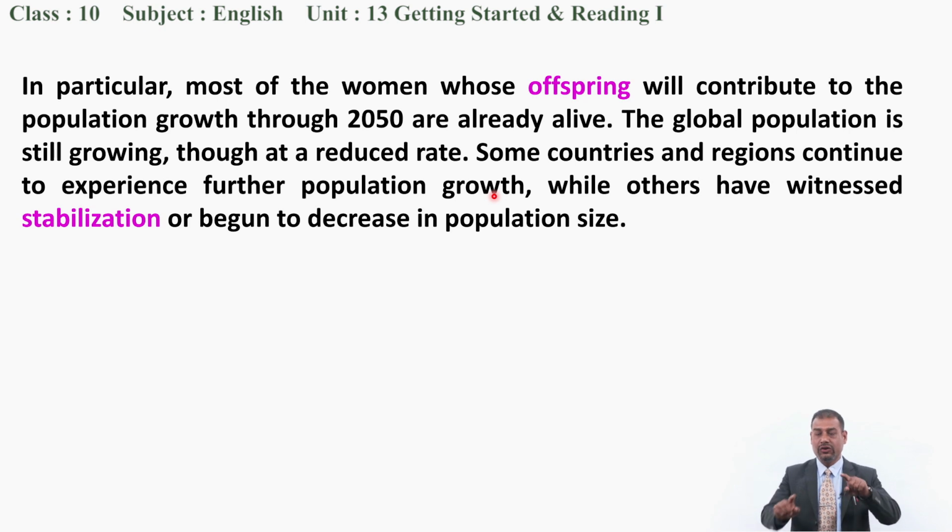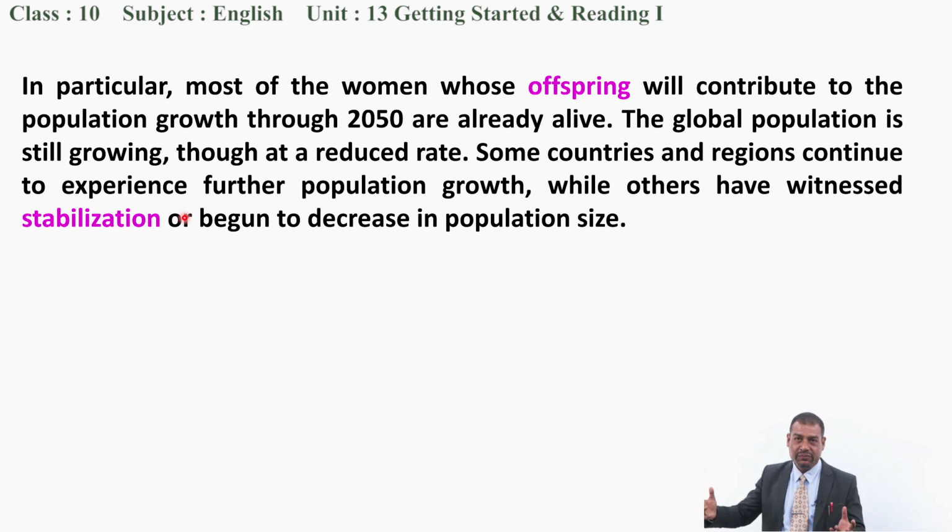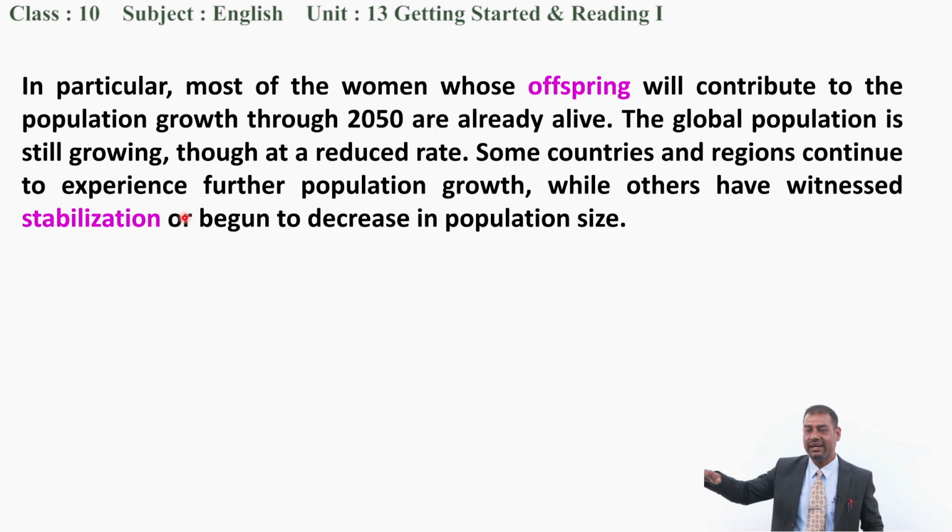You have to understand, not all parts of the world, only some countries and some regions continue to experience it. It means that in some parts of the world the population will go up. Maybe in some parts the number of population won't go up or may remain as it is. But in some parts we can see population will be growing, while others have witnessed stabilization.